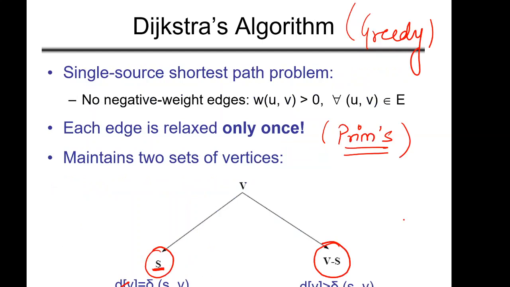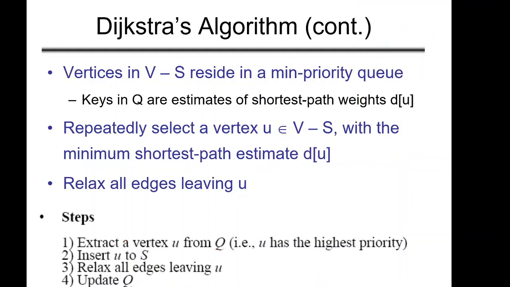So in general, what is the idea? The idea is whosoever is nearer to the source, let's find the distance of that particular vertex first. This is the overall idea, and this is what the greedy approach Dijkstra is following.